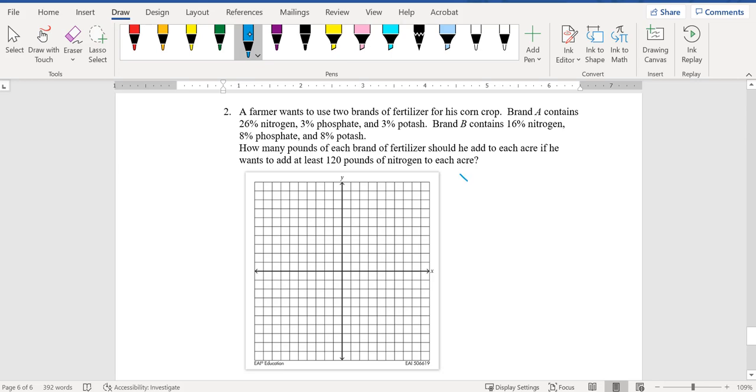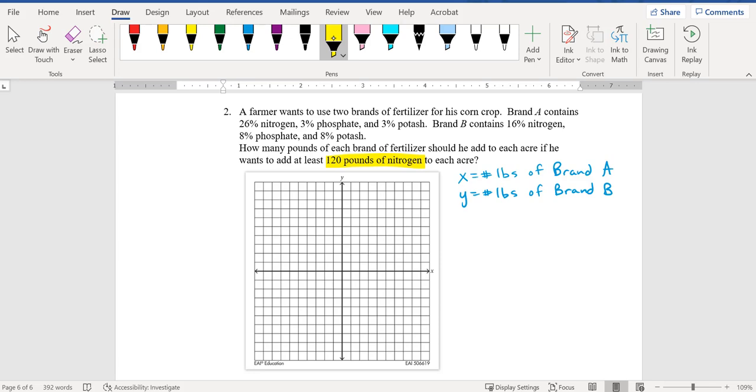Okay, I'm going to let X be the number of pounds of brand A, and I'm going to let Y be the number of pounds of brand B fertilizer that need to be added. All right, I want 120 pounds of nitrogen.